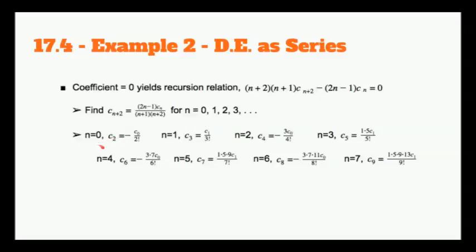When n equal to 0, c2 is equal to negative c0 over 2 factorial. When n equal to 1, we get c3 equal to c1 over 3 factorial, and also the same for n equal 2, 3, 4, 5, 6, 7.